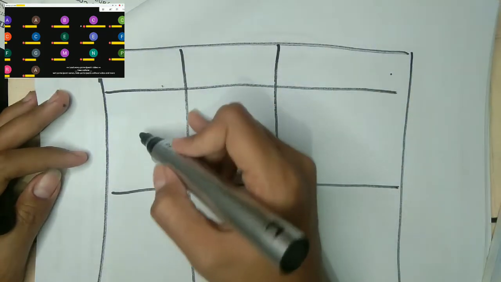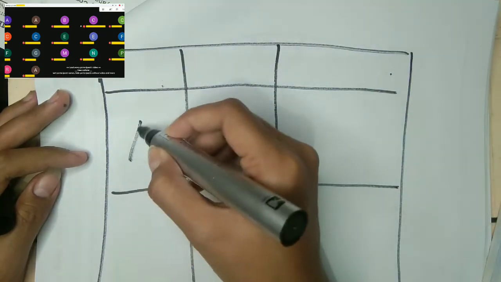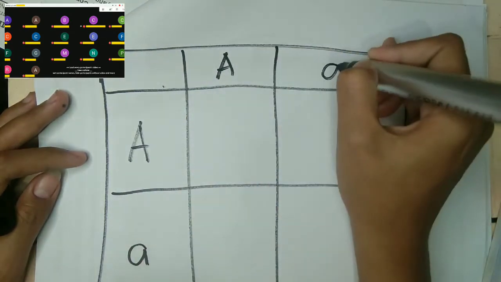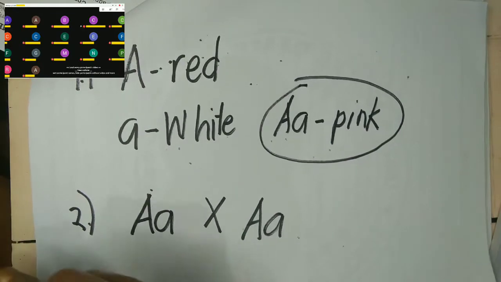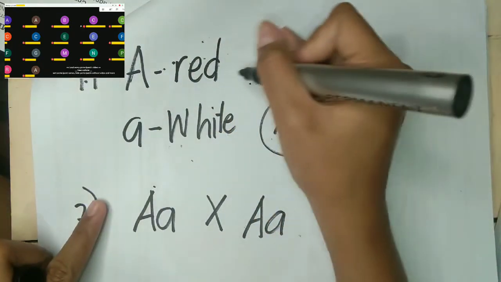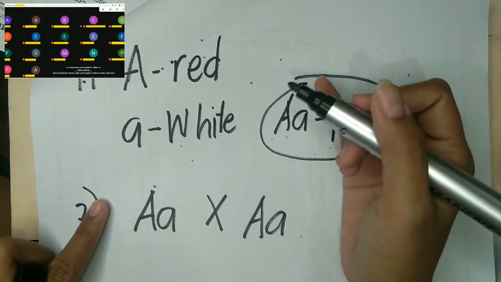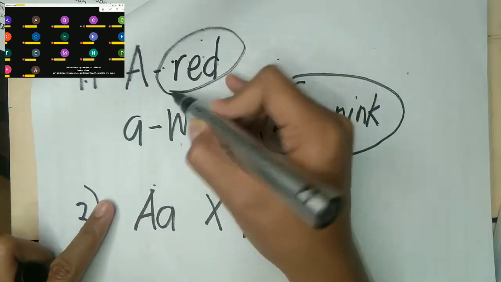Again, you have to put a trait here, and at the top we also have to put a trait. So what happens if we cross a parent of capital A and capital A?